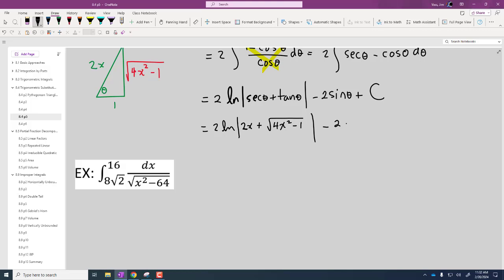Sine is opposite over hypotenuse, so we'll have the square root of 4x squared minus 1 over 2x. The 2's will cancel. So that 2 and that 2 cancel. And that is about as low as we can go.